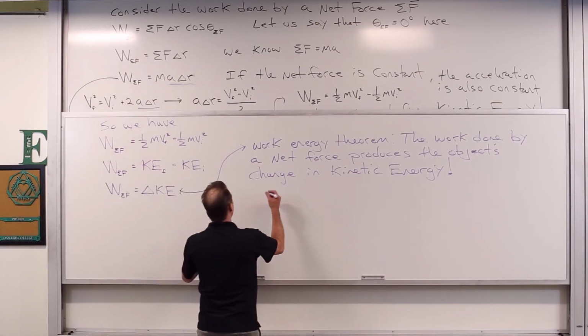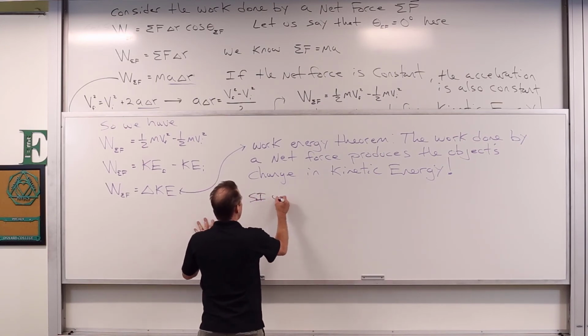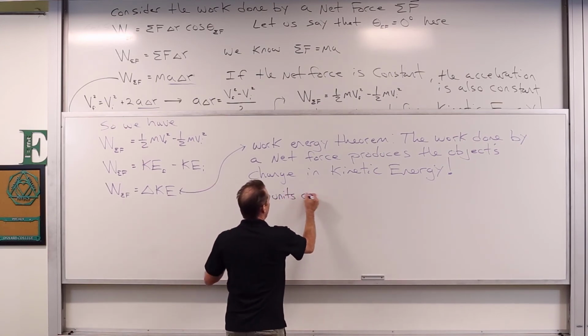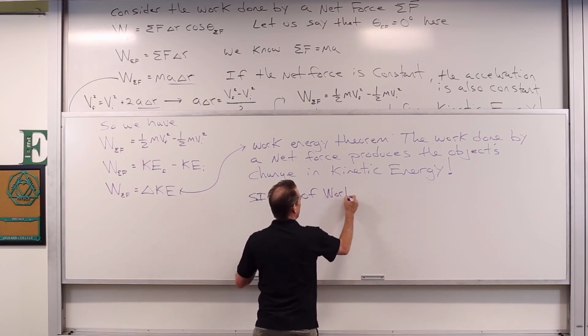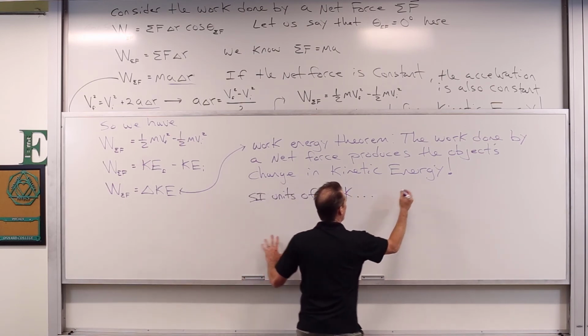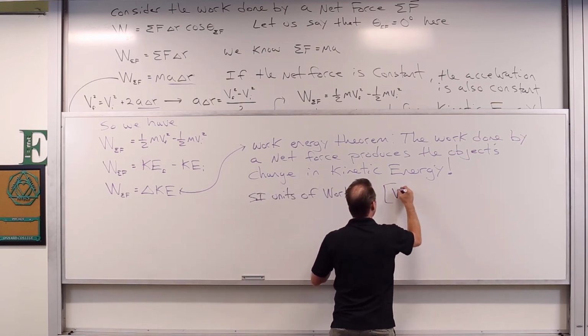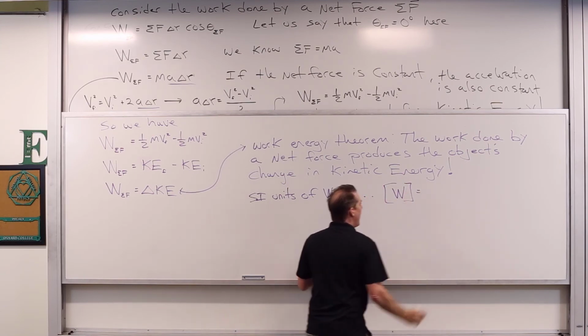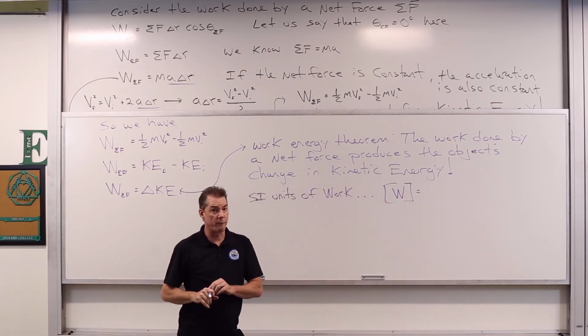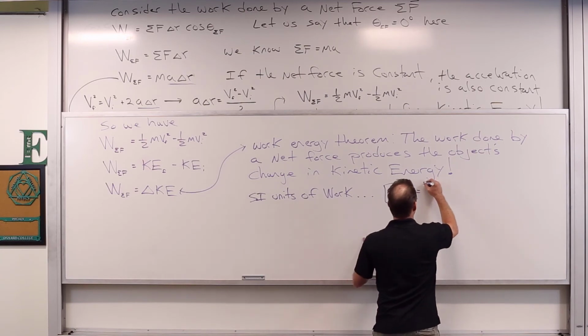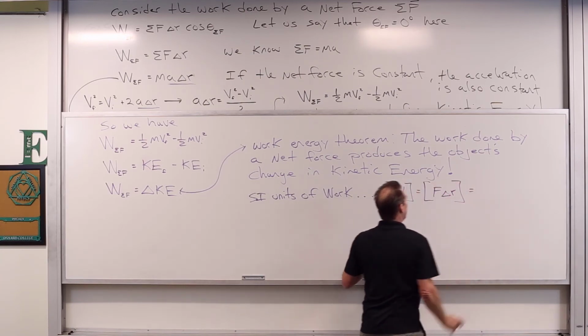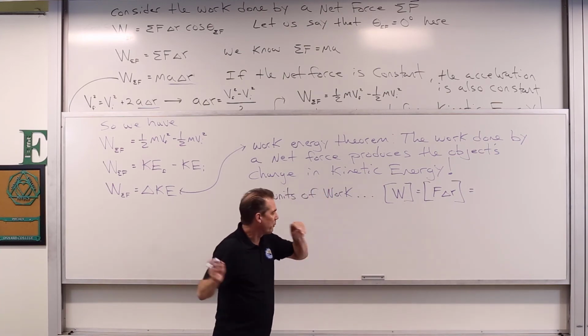So let's look at the units. SI units of work. Well, the units of work have to be equivalent to the units of force times displacement, right? Cosine of theta has no units, not worried about that.